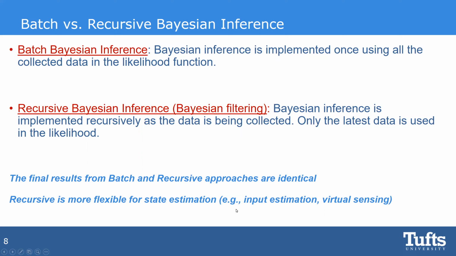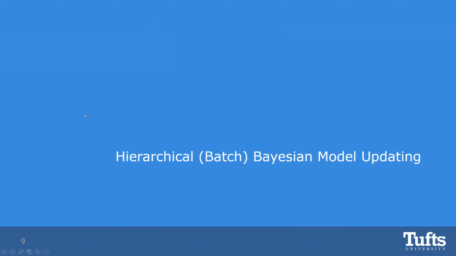So for state estimation, for example, if you want to know the change in the input forces, or if you want to do virtual sensing, there are some techniques in the literature that are only developed for recursive. And batch may also have some benefits if you want to get an overall modeling error or estimation uncertainty, because you have seen a lot. So let's go with batch.